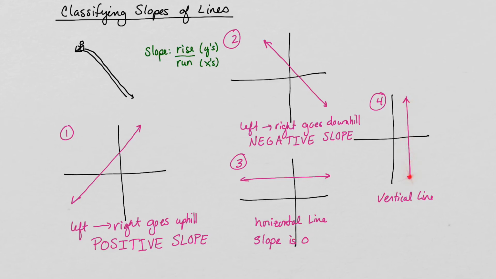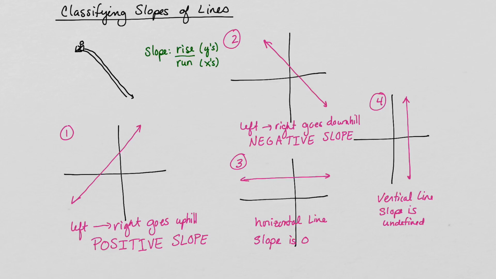It only moves from top to bottom. So since the run is 0, it's like we're dividing by 0, and you can't divide by 0. So for vertical lines, the slope is undefined. So that's how we classify different slopes.